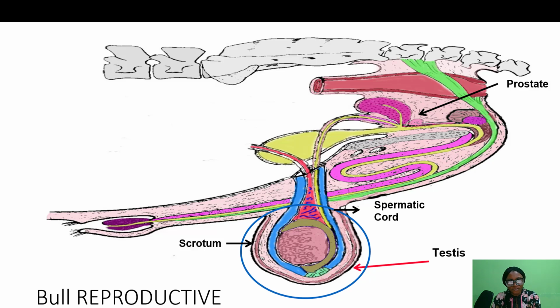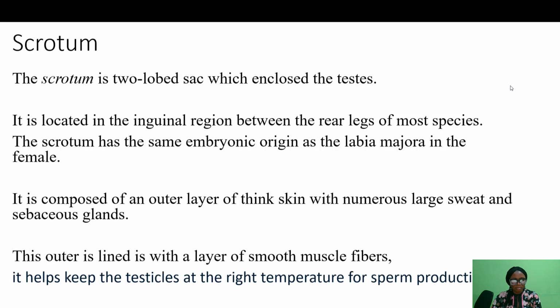Now, this figure is showing the bull reproductive system. Here we have the testes. The outer covering of the testes is the scrotum, and the supply of blood vessels to the testes is called the spermatic cord. The prostate here represents one of the accessory glands which enhances reproductive fertility in male animals.